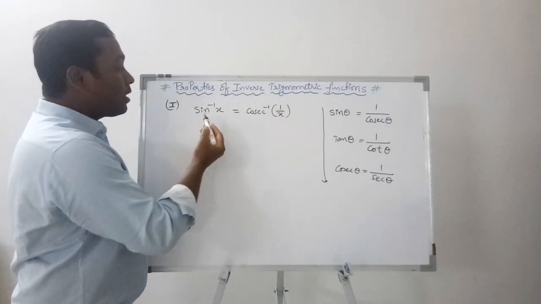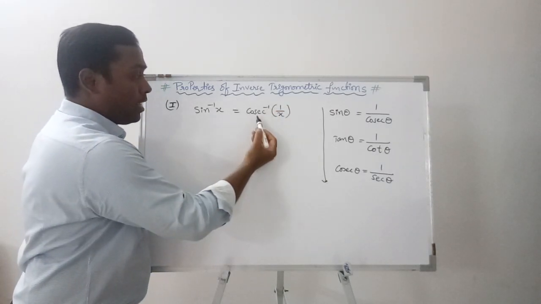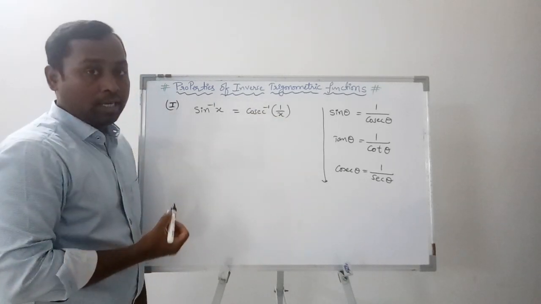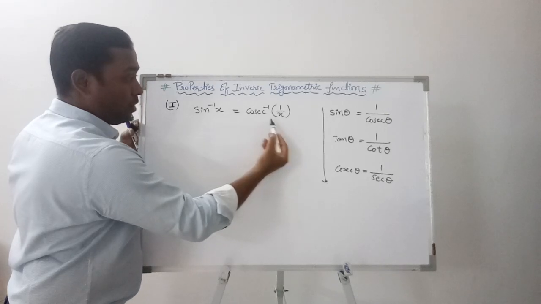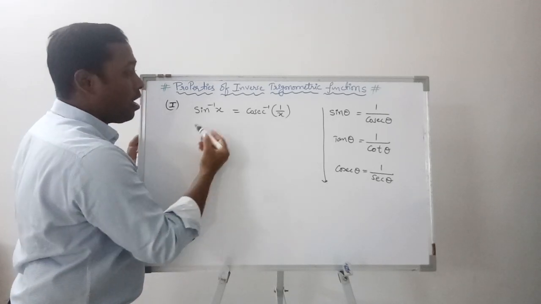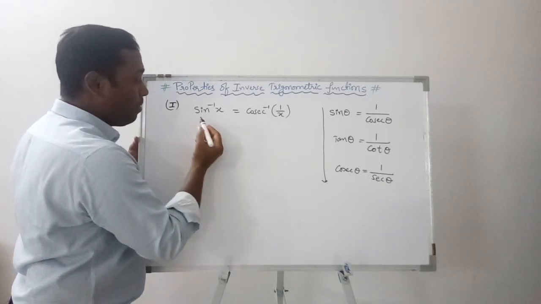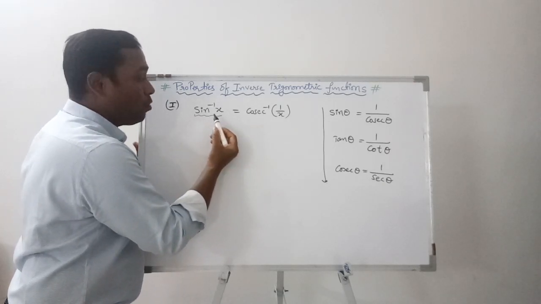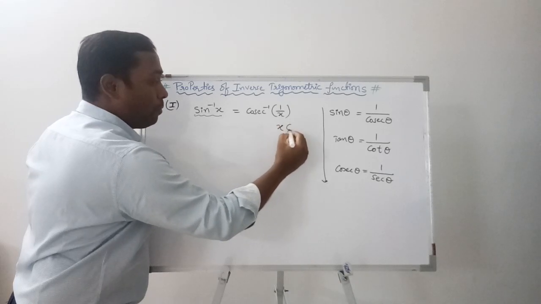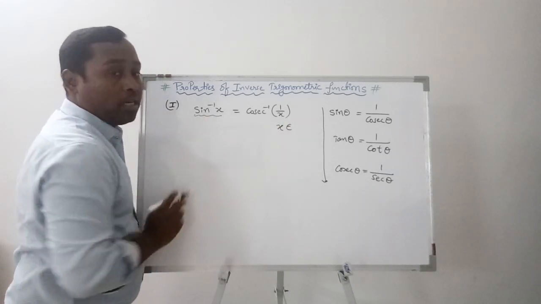I repeat, sine inverse x can be written as cosec inverse of 1 upon x. But while using this formula, remember we started with sine inverse x, so x must belong to its domain.